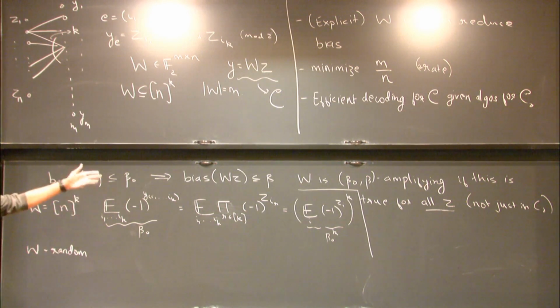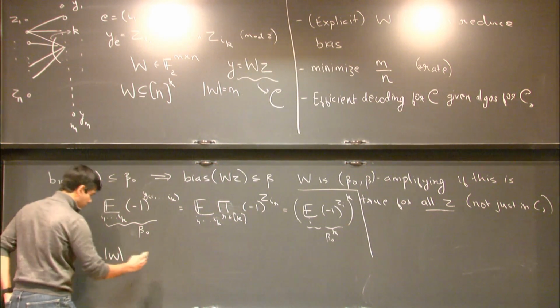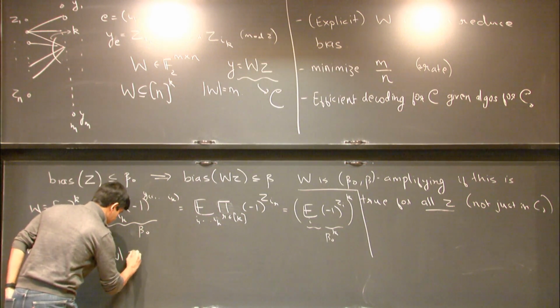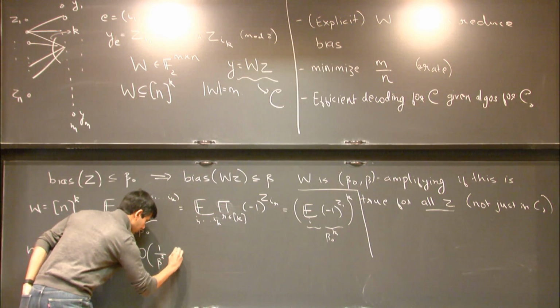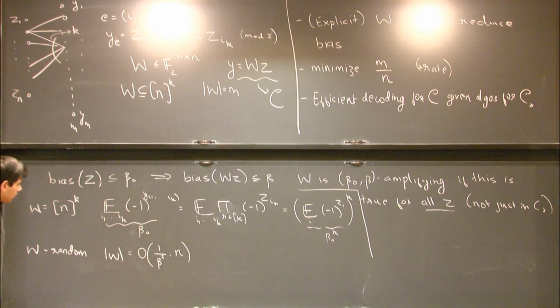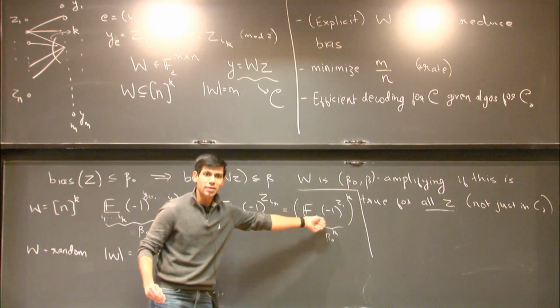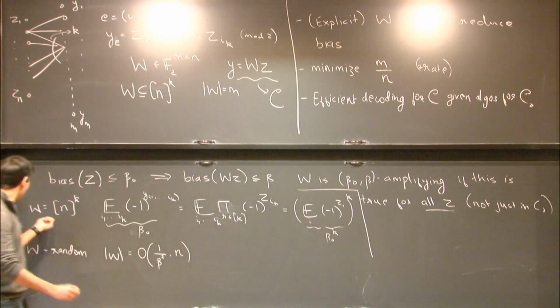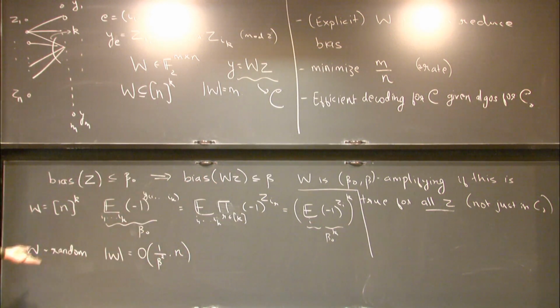And yeah, so, okay. This is true also if you pick W at random. And to get concentration in this argument, roughly a size of 1 over beta square times n would be enough if you want this to be beta for all starting z's. So a random set of this size would also work.